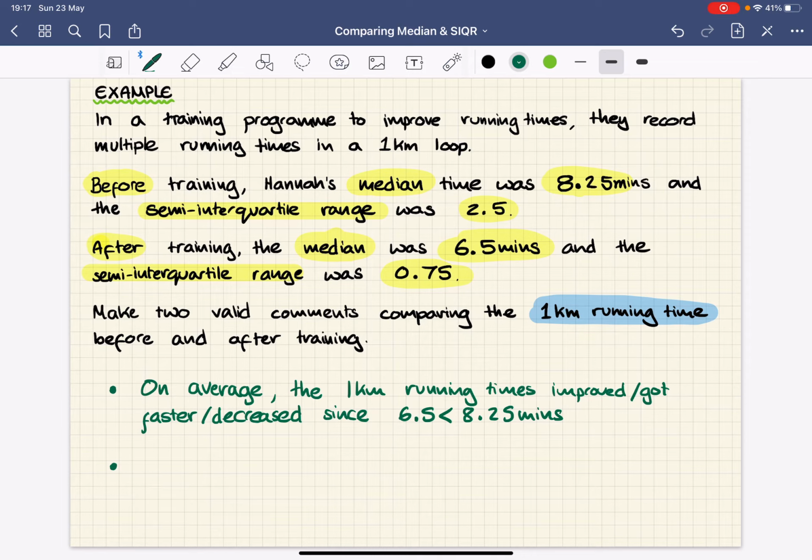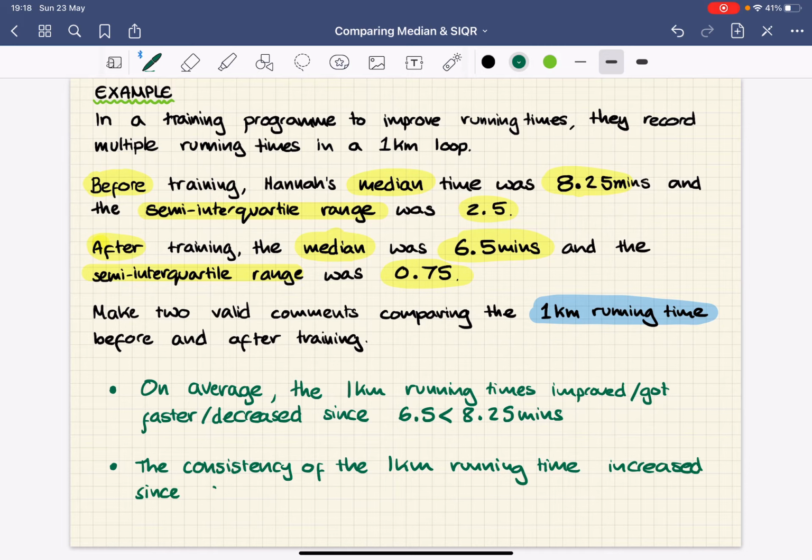So I would say the consistency of the 1 kilometer running time increased since 0.75 is less than 2.5. So again, here consistency increases because it is smaller.